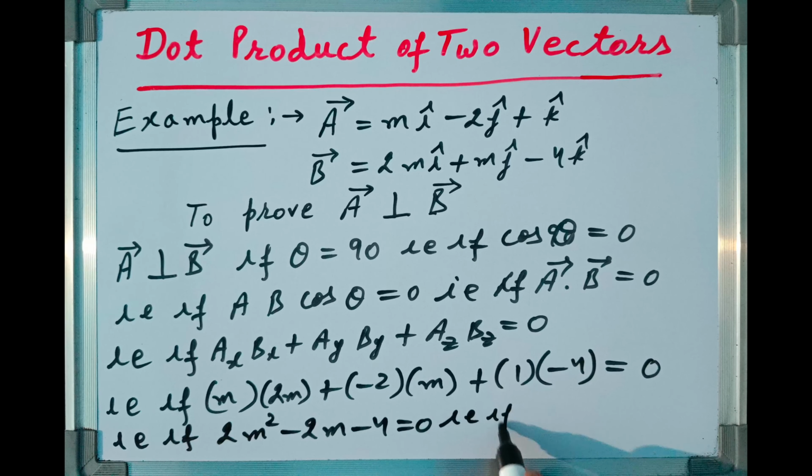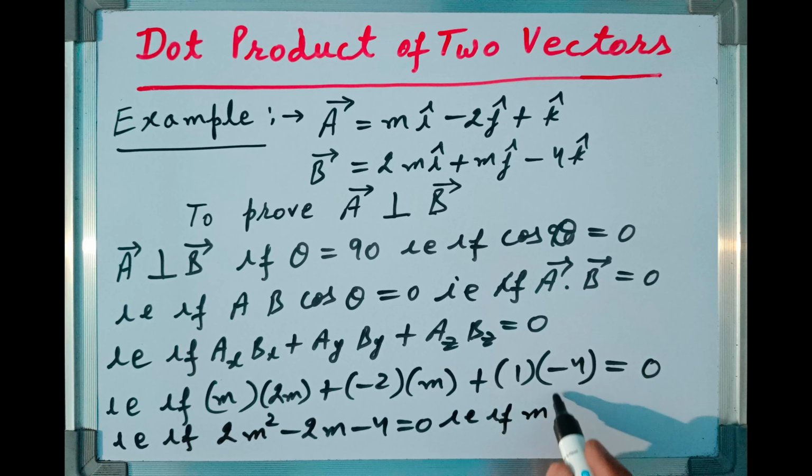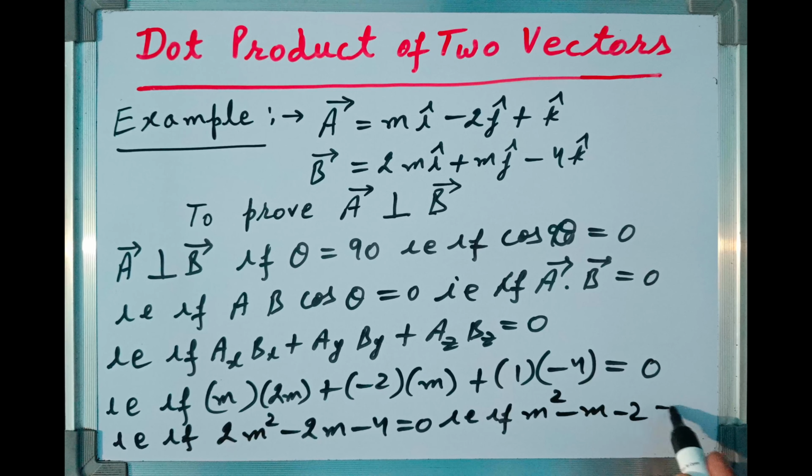After simplifying, taking 2 as common, I can write m square minus m minus 2 equal to 0. This is a quadratic equation in m. So using this we can find the value of m by using the formula for a quadratic equation. Values of m will come out to be 2 and minus 1.